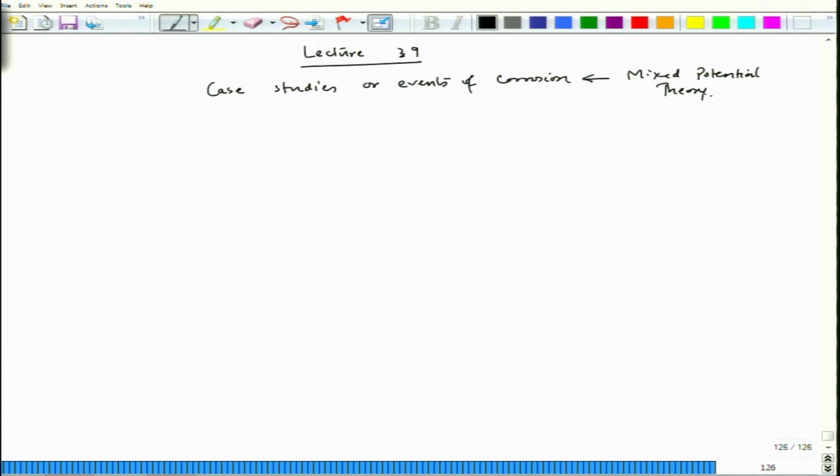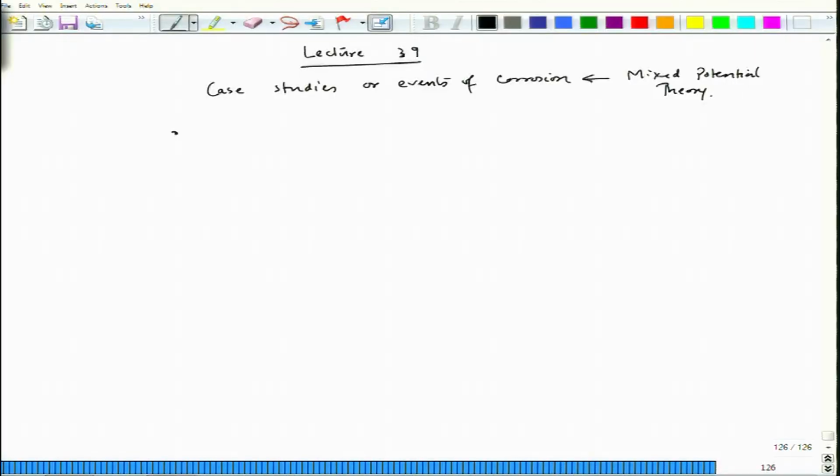We will try to understand through this theory. As I have mentioned, we will concentrate on the activation polarization part initially and try to draw the Evans diagram, but later on we will also look at the concentration polarization part.